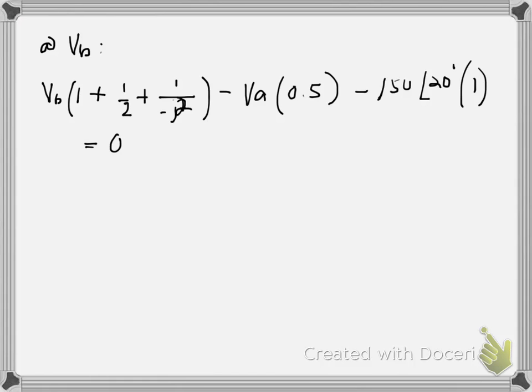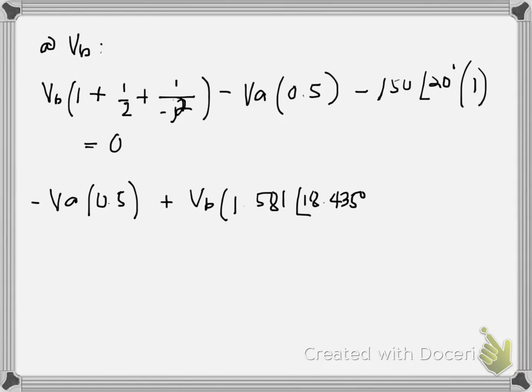If we simplify this, we have VA times 0.5 plus VB times 1.581 angle 18.435 equals 120 angle 20. Equation 2.